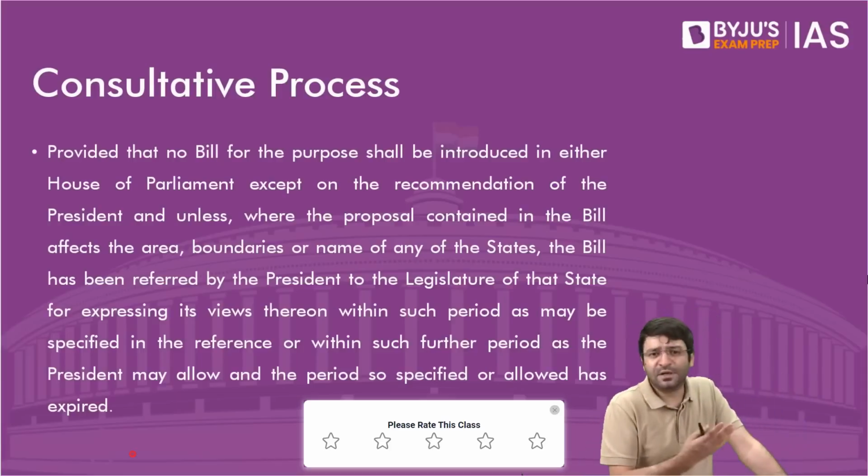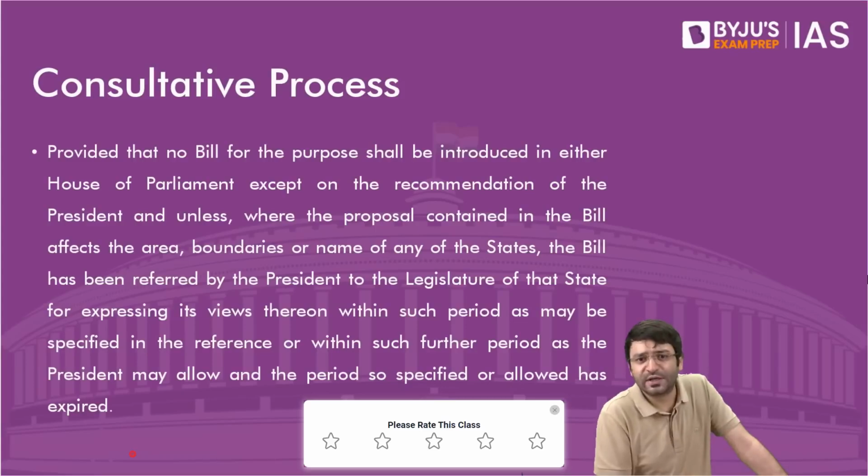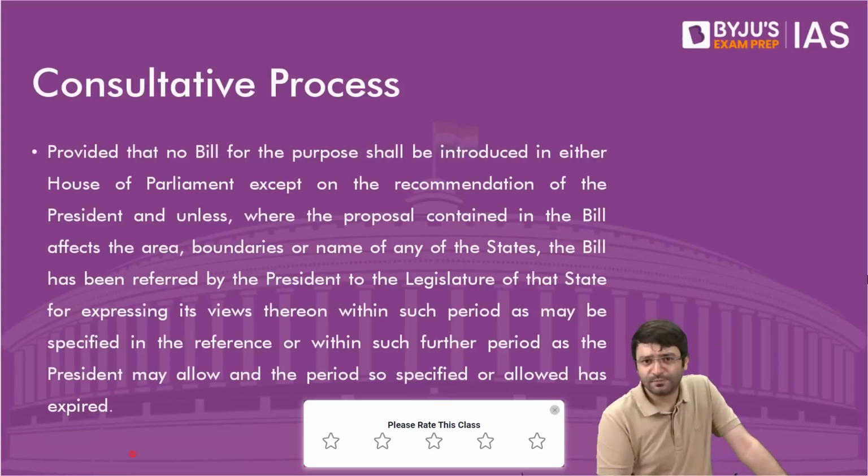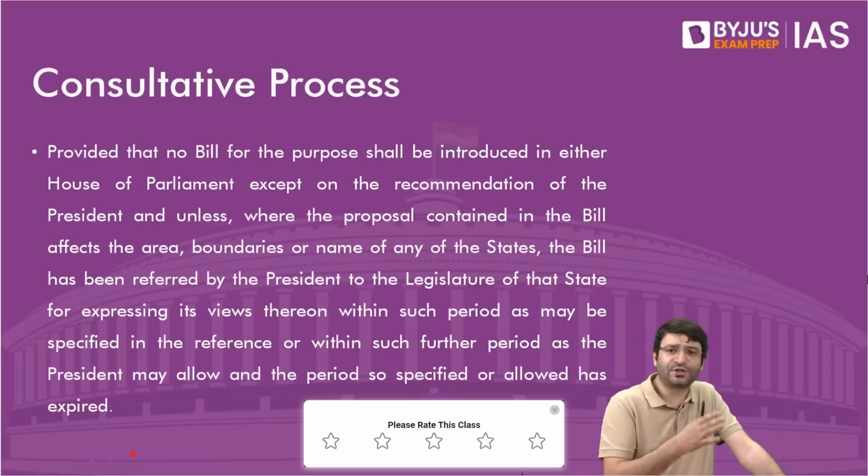West Bengal government will say, we need to change the name of the state. They will go to the Assembly of West Bengal and pass a resolution that we want to change the name of the state from X to Y.